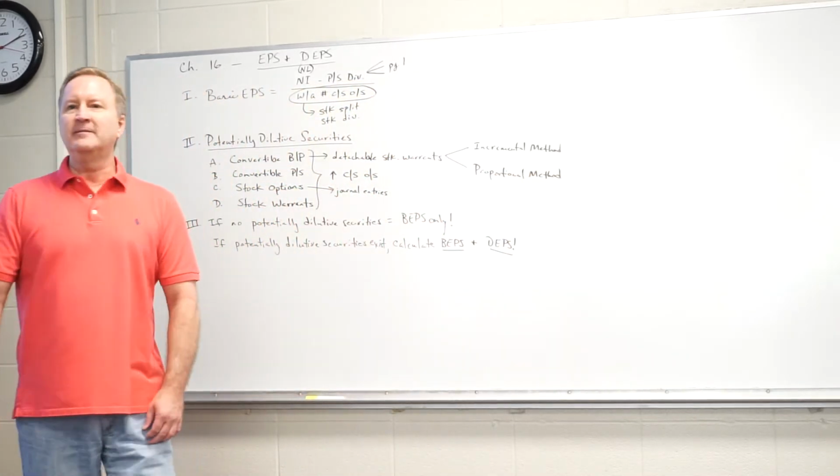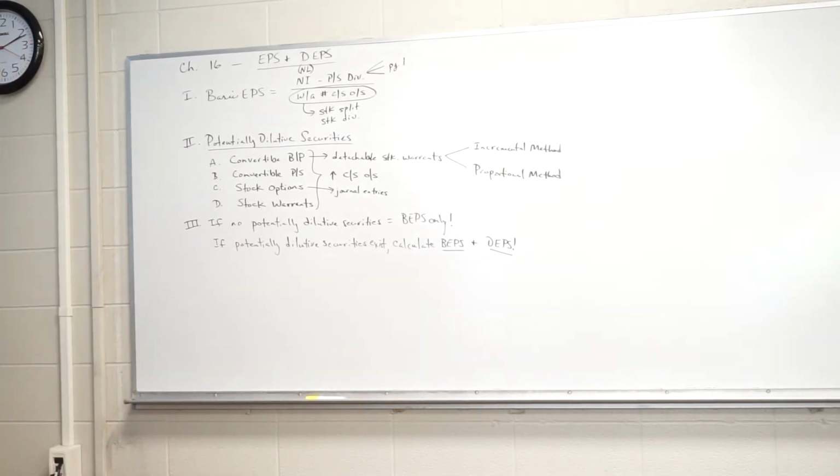The incremental method or the proportional method. When do you use the incremental method? When you're given the fair value of one of these, the bonds or the warrants, but not both. You use the proportional when you're given the fair value of both, but the fair values do not total the proceeds that you got.